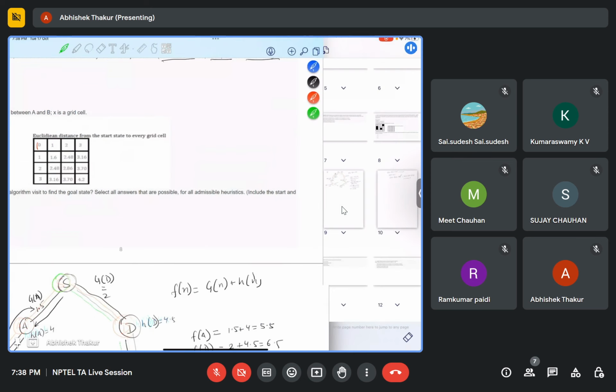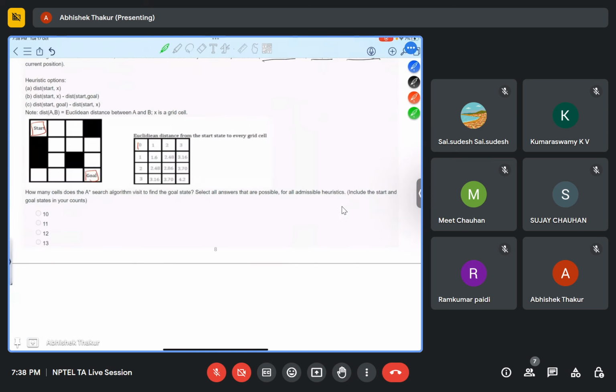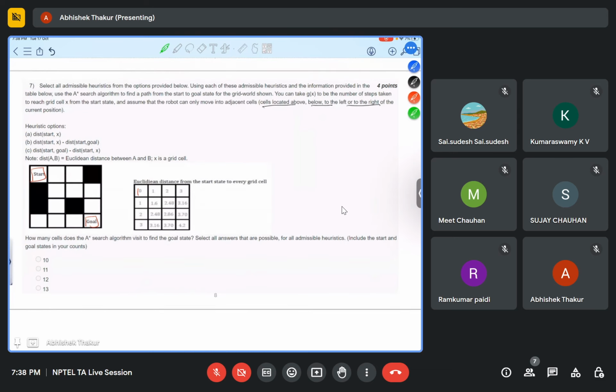So now we'll solve this question. So here the Euclidean distance is given, like here from 0, 1, 2, 3.